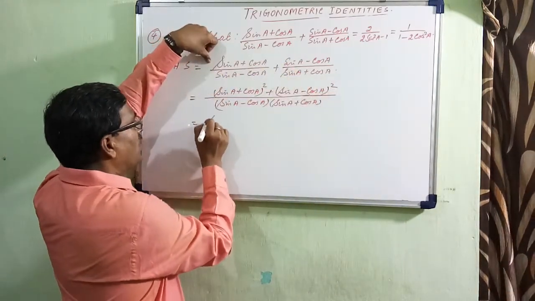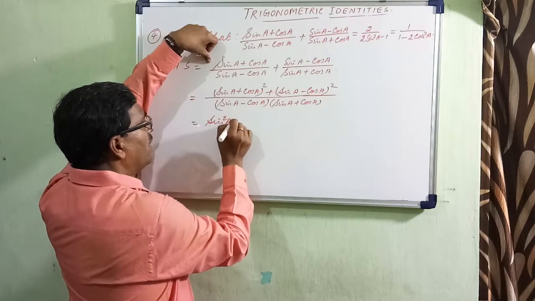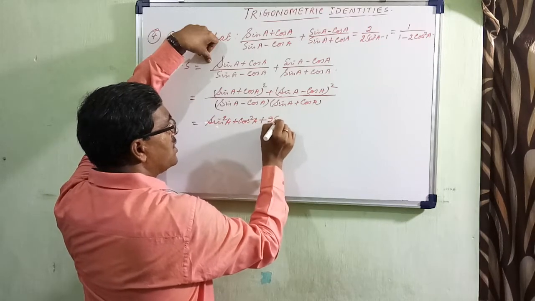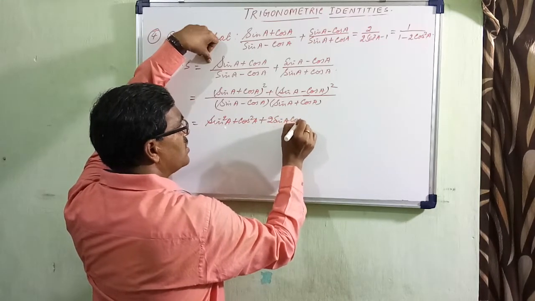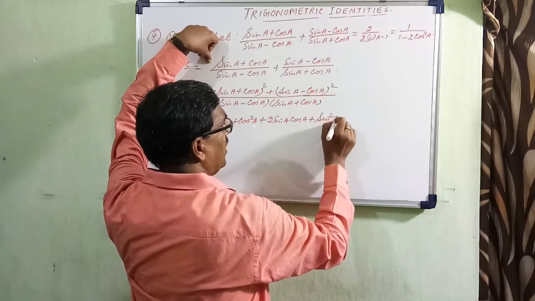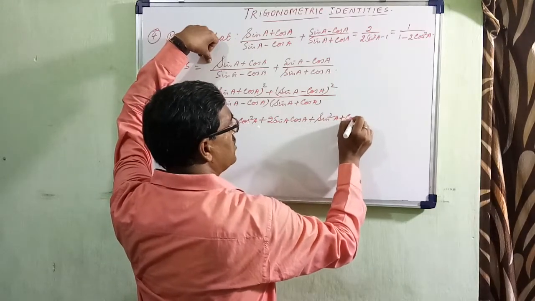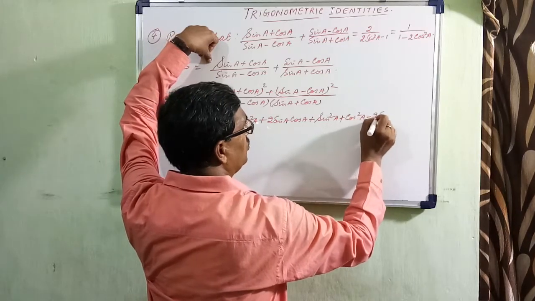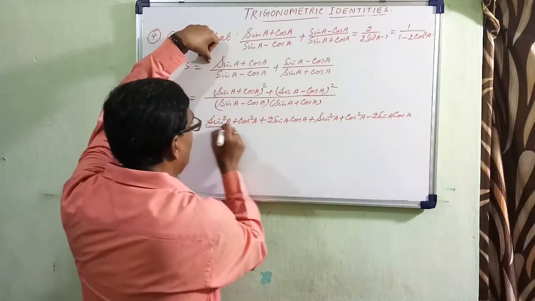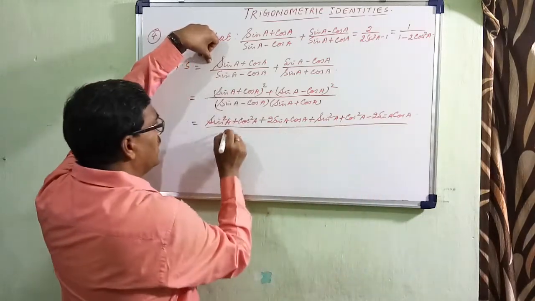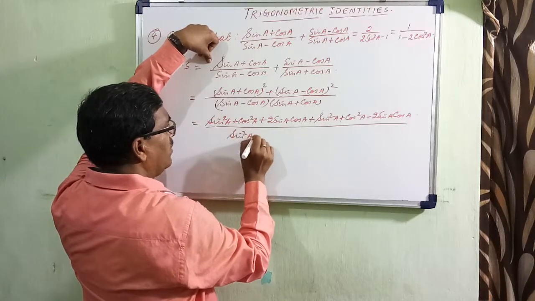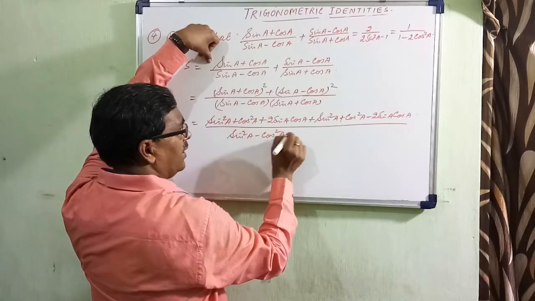Sin square A plus cos square A plus 2 sin A cos A, and in the second bracket, sin square A plus cos square A minus 2 sin A cos A, divided by A minus B into A plus B, that is sin square A minus cos square A.